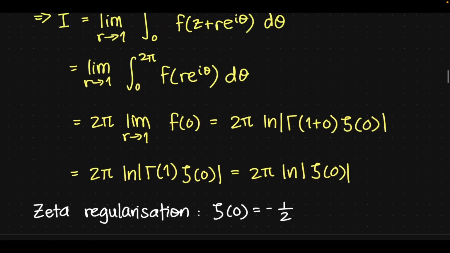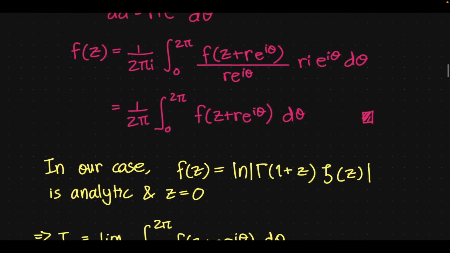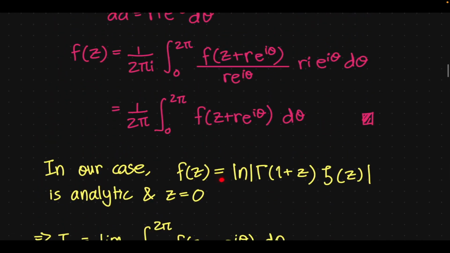Now I skipped some details actually. I had to show that f of z is actually analytic in a neighborhood of 0, because if you go any further, in the range where the real part of z is between 0 and 1, the zeta function is said to have its poles there. And the gamma function, well, it has its poles on the negative integers.